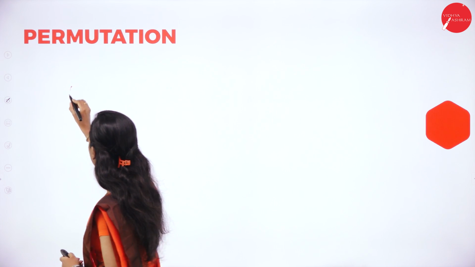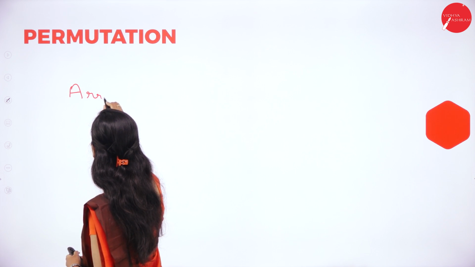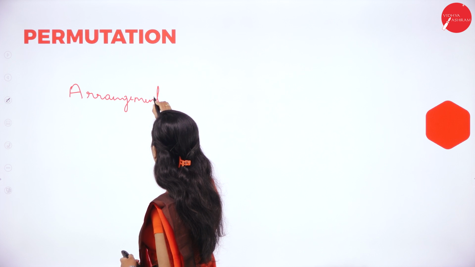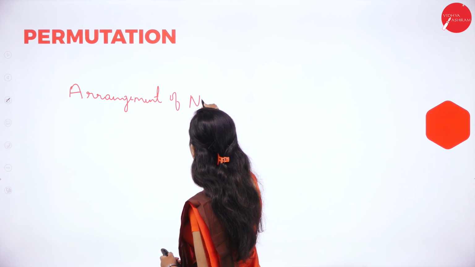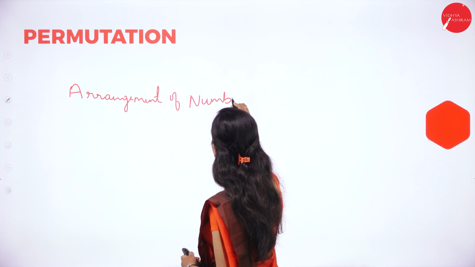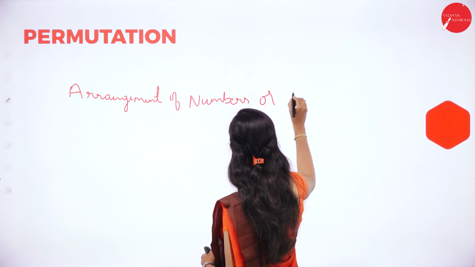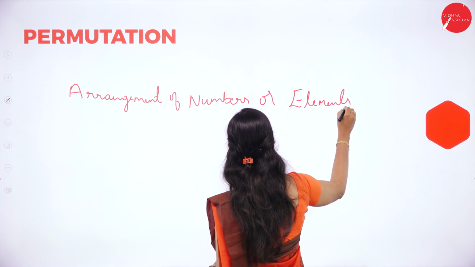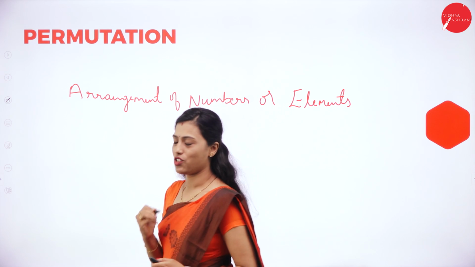What do you mean by permutation? Permutation is an arrangement of numbers or elements. Arrangement of numbers or elements is called permutation.